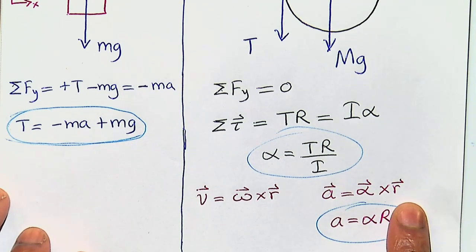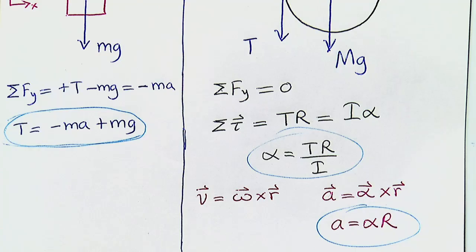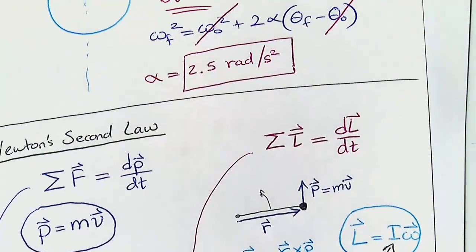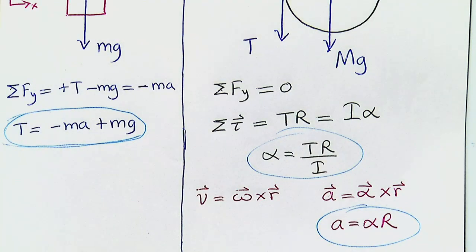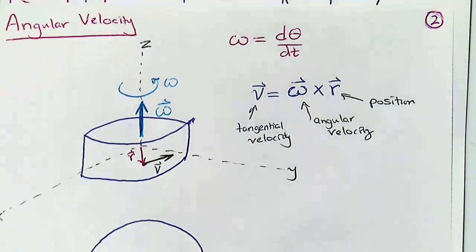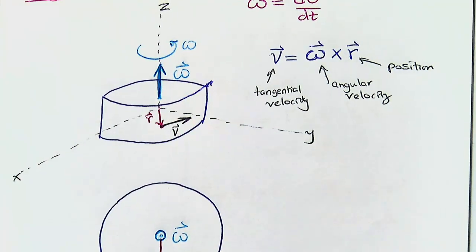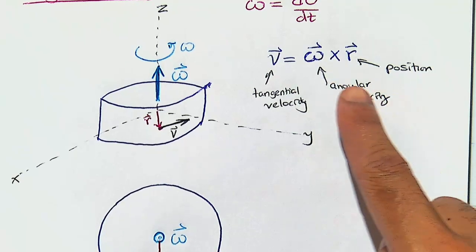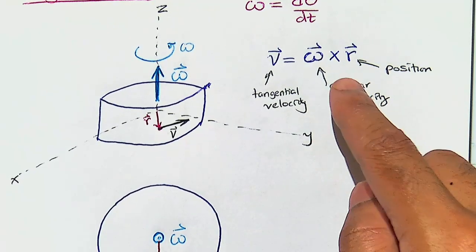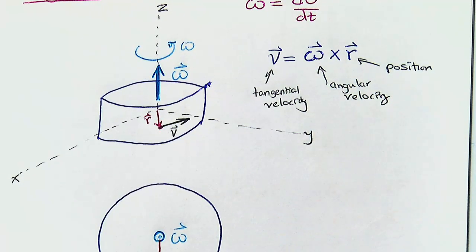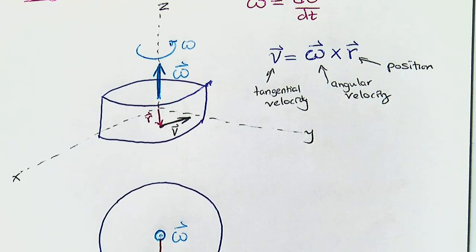If alpha and r are perpendicular, which in a lot of cases is the situation, because if you look at this, for instance, omega and r are perpendicular to each other. So the nice thing is the cross product simplifies to a simple multiplication.